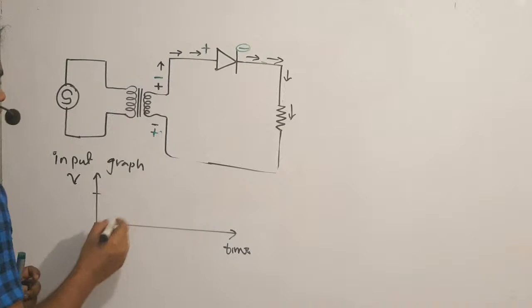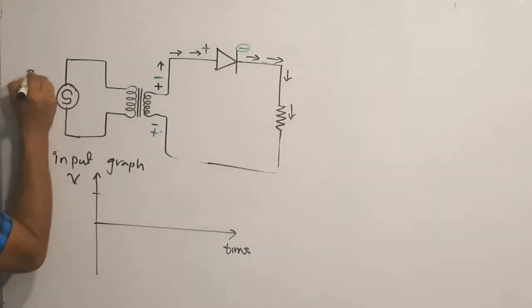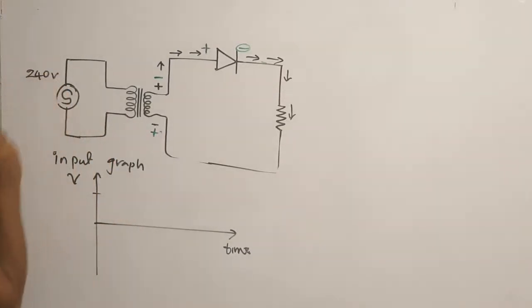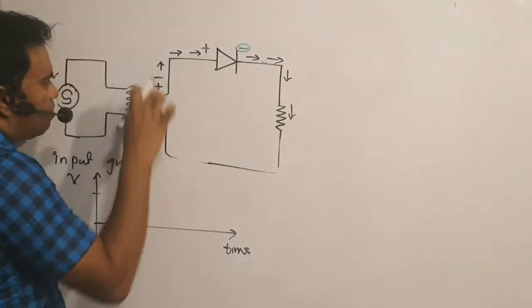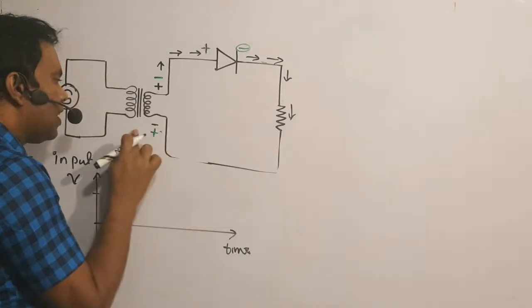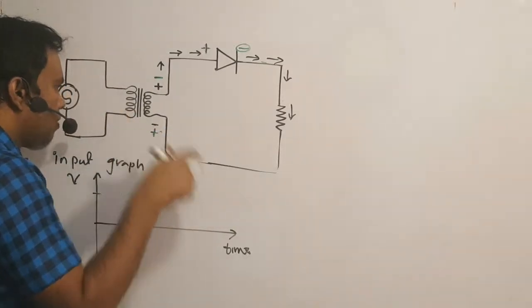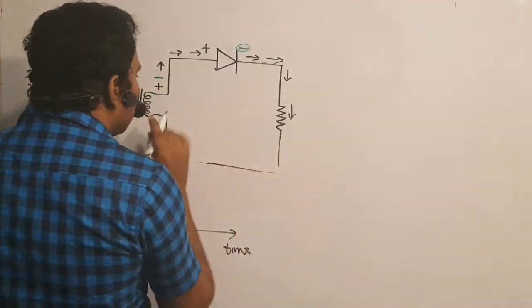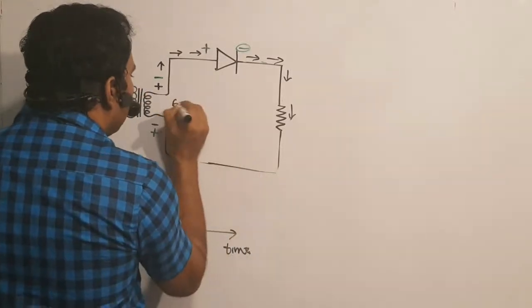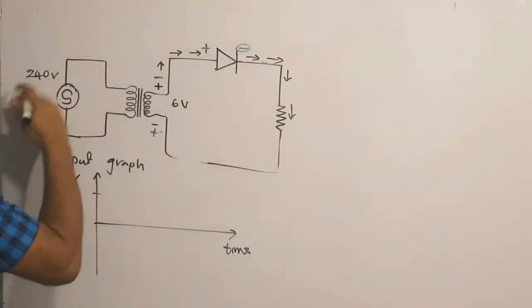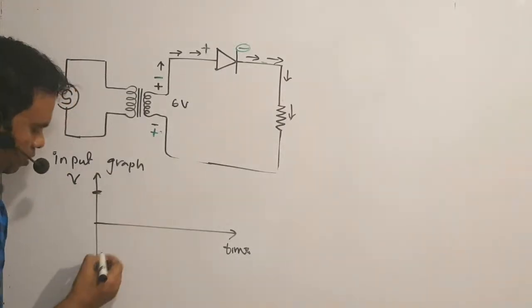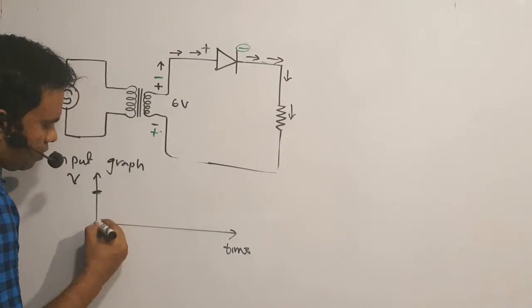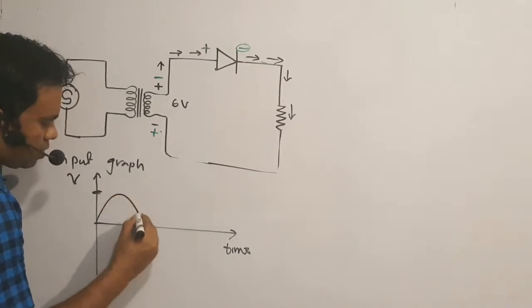If this is 240 volts, or 230 volts, so this is a step down transformer, assume like that. So assume this output voltage is 6 volt. Okay, so 230 to 6 volt. Now I draw the cycle of 230. Okay, with the time what happens?